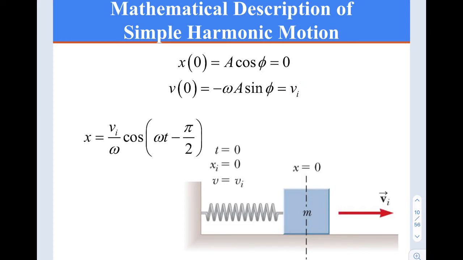Based on that, this can only be satisfied whenever, take a look at this, our phi is equivalent to negative pi over 2. Then this equation is satisfied. Phi could be positive pi over 2 or negative pi over 2. Why is it positive or negative? It depends on which direction our block is in motion.